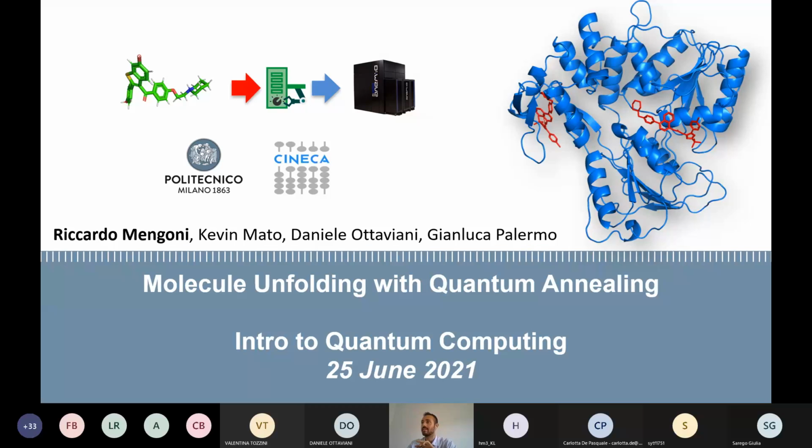But in the last years, with the paper from Google, the quantum supremacy paper, things started to change. So we understood that we're close. That was the first essential step to reaching a quantum advantage for real world problems.